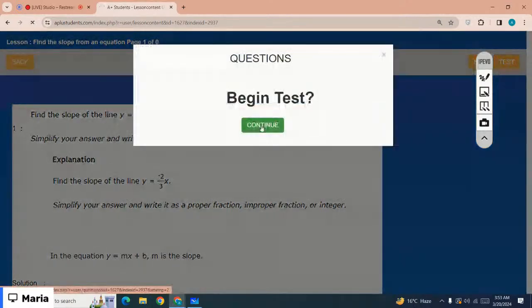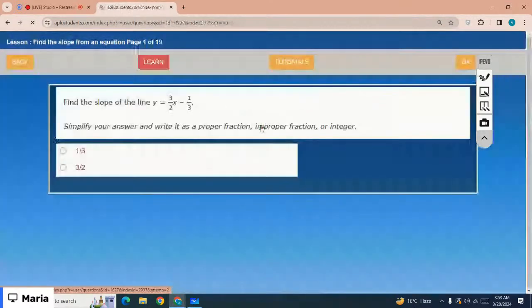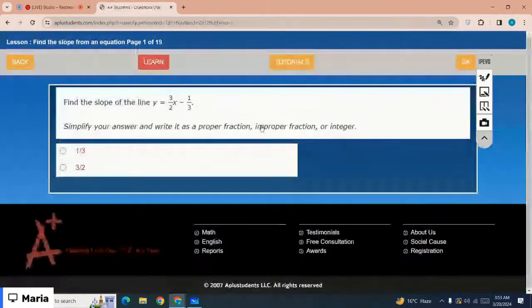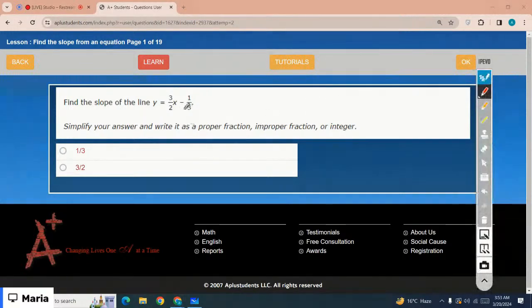Let's start with the test questions. Find the slope of the line y equals 3 by 2x minus 1 over 3. That is the equation, and you have to find the slope. So you need to compare this equation with the general form, y equals mx plus b. The given equation is y equals 3 by 2x minus 1 by 3.